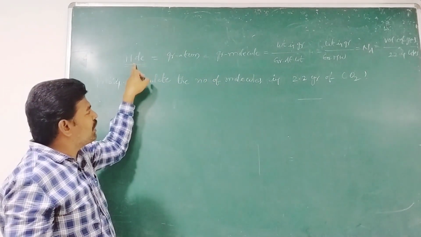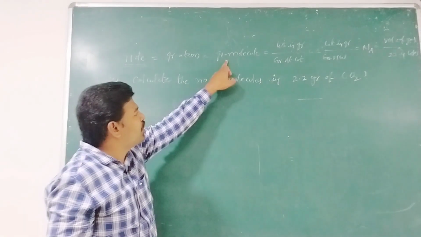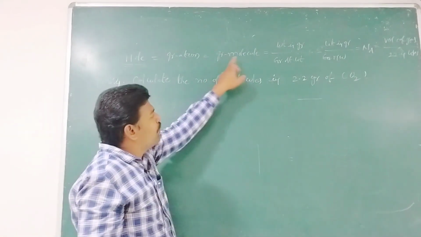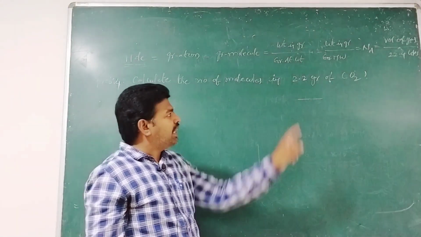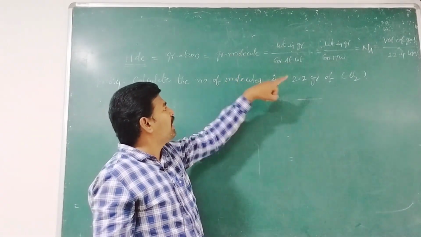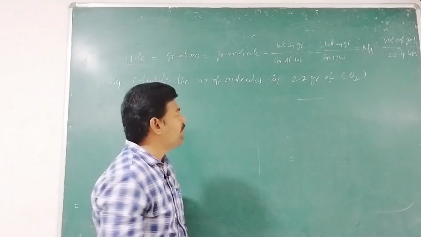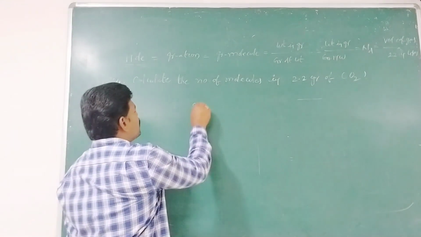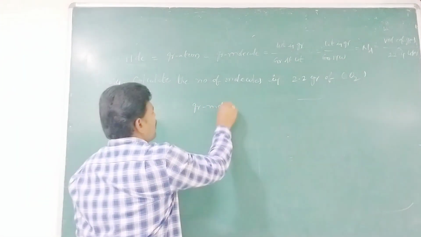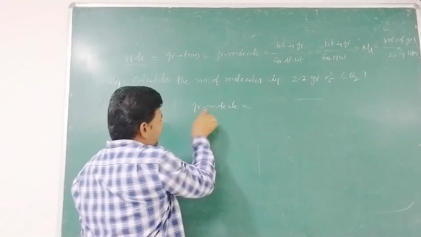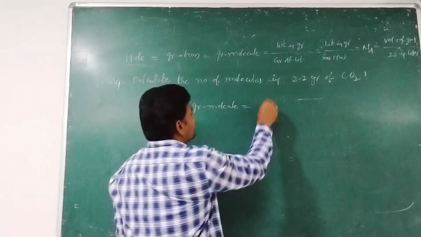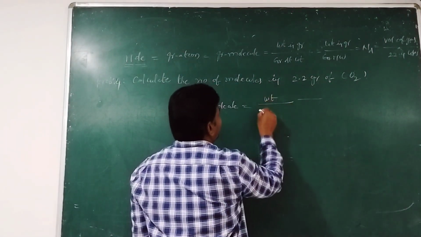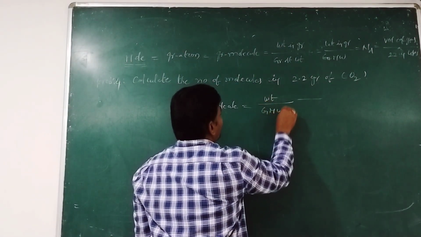Mole is equal to gram molecule, because here CO2 is a molecule. So we have to use the formula for gram molecule. 1 gram molecule means 1 mole, and 1 gram molecule is equal to weight by gram molecular weight.